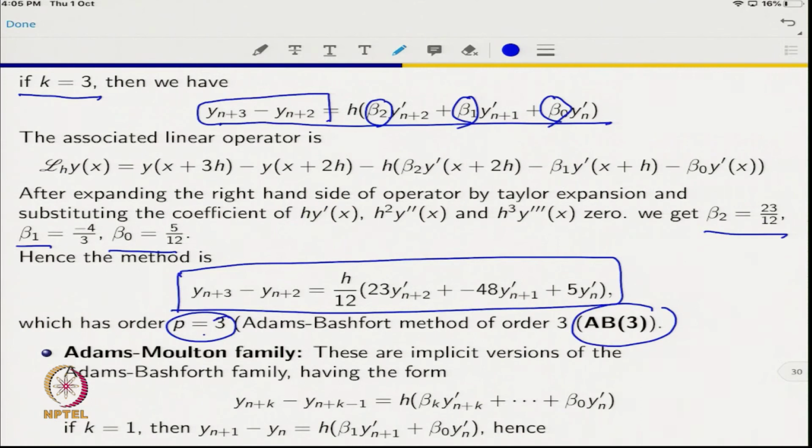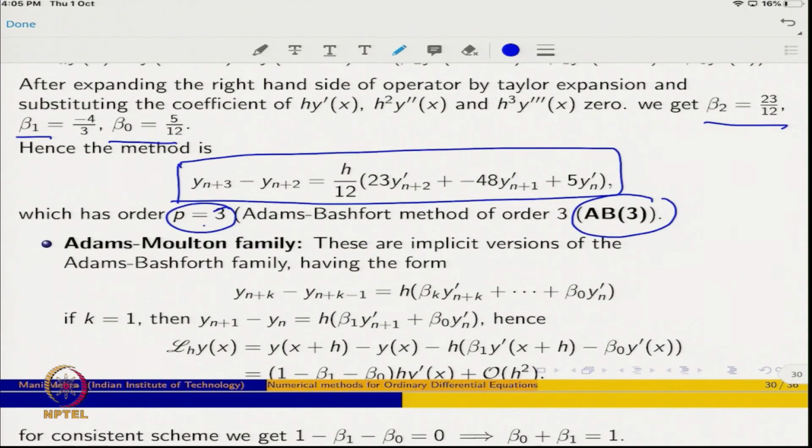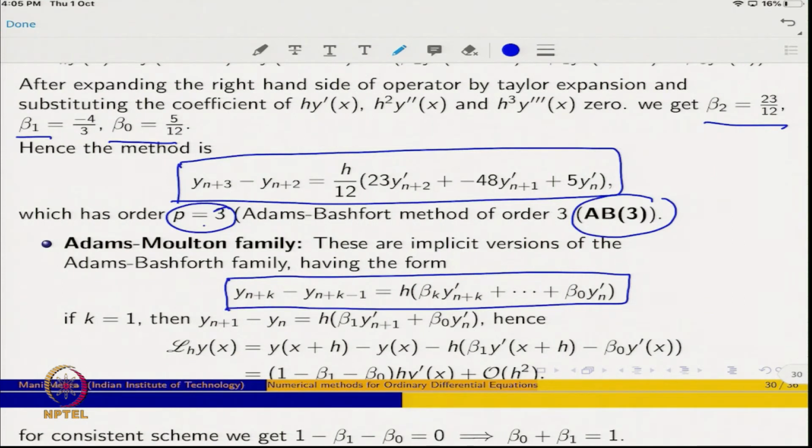Now, let me come to the next family, which we call the Adams-Moulton family. These are the implicit versions of the Adams-Bashforth family, having the following form. Again, we will work out some special cases.